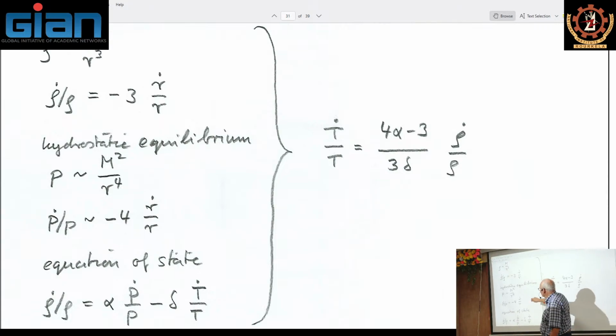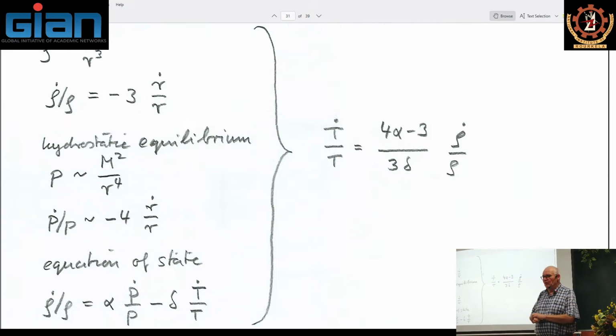We eliminate r dot over r, then we have P dot over P as a function of rho dot over rho, and we insert it here. Then we get a relation between T dot over T as a function of rho dot over rho. Okay, everybody satisfied?